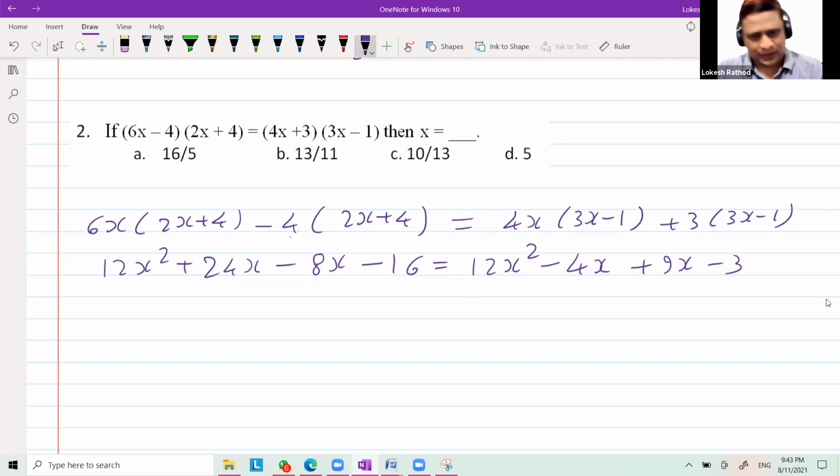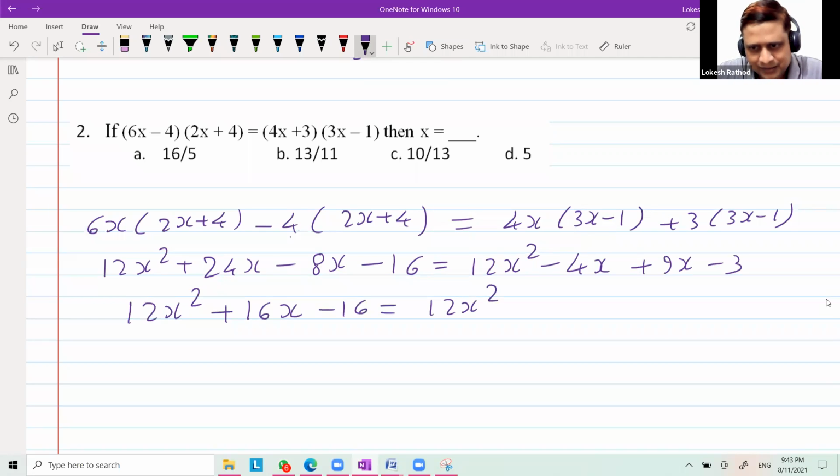So if I simplify now the left hand side and right hand side, left hand side it is 12x square, 24 minus 8 will be 16x, minus 16. And this side, 12x square, 9 minus 4 is 5, so plus 5x, minus 3. Now I will keep all the x on one side and all the numbers on the other side.